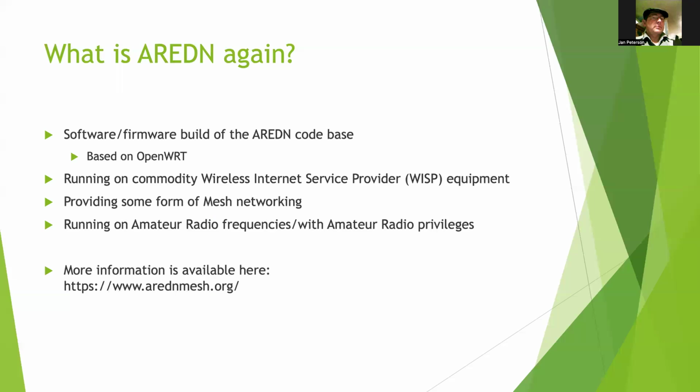These things are running on amateur radio frequencies, with amateur radio privileges and amateur radio requirements. For example, they have to ID every 10 minutes and they have to do all the other things that we have to do. Can't use encryption. There are lots of different rules that we are subject to as amateur radio operators that normal people are not, and we are definitely not normal.